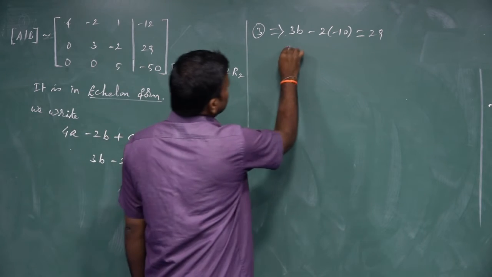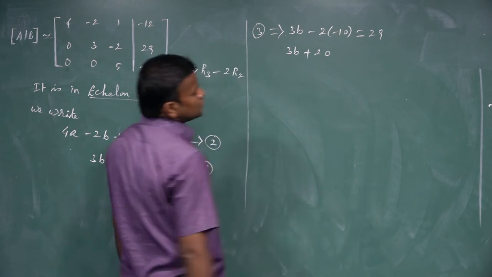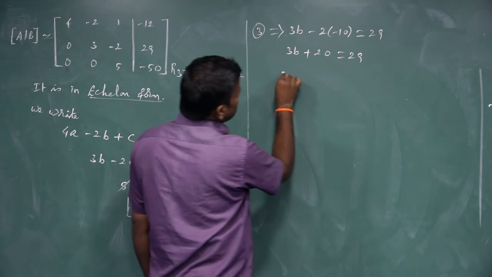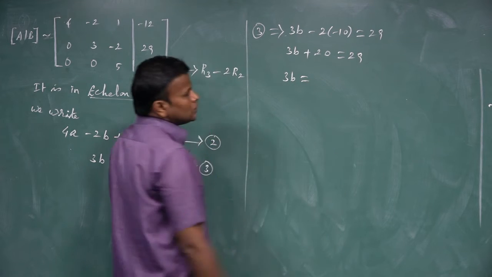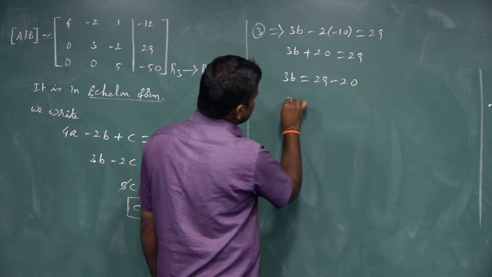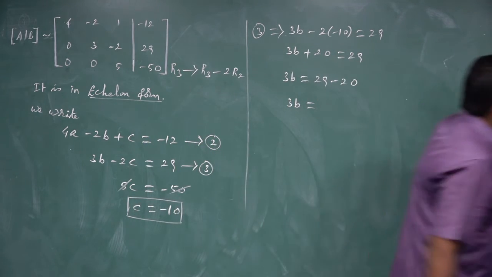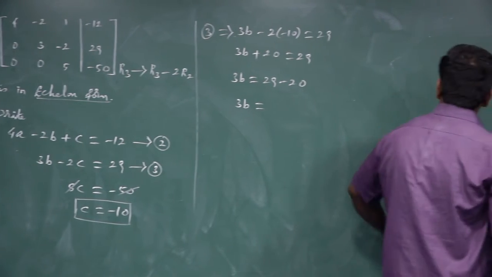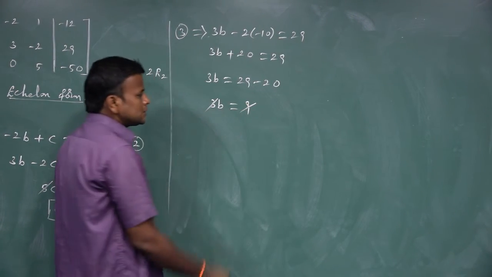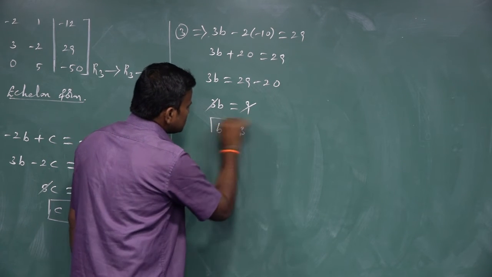So 3B, minus and minus is a plus, 2 times 10 is 20, is equal to 29. 3B is equal to 29 minus 20, and 29 minus 20 is 9. So 3B is equal to 9. We cancel in the third table. The value of b is equal to 3.